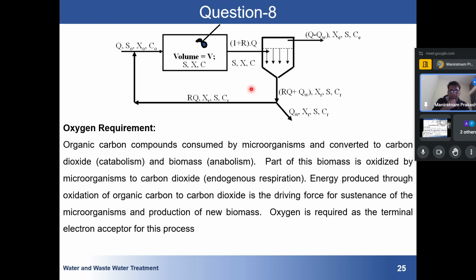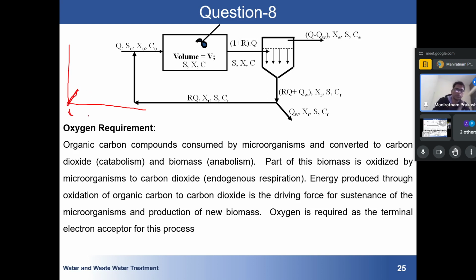This statement contains many things. Consider this: at t equal to 0, at time t, you have added some microorganisms to the system.